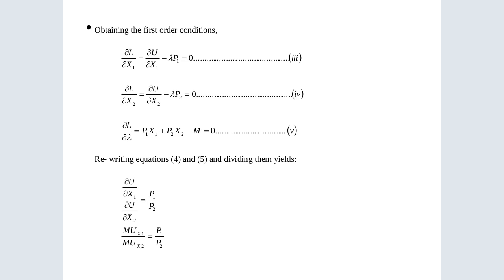So if we get the first derivative of the change in that Lagrangian over the change in the first commodity, this is what you get. You get the change in utility over the change in commodity 1 minus lambda P1, which is equal to 0.